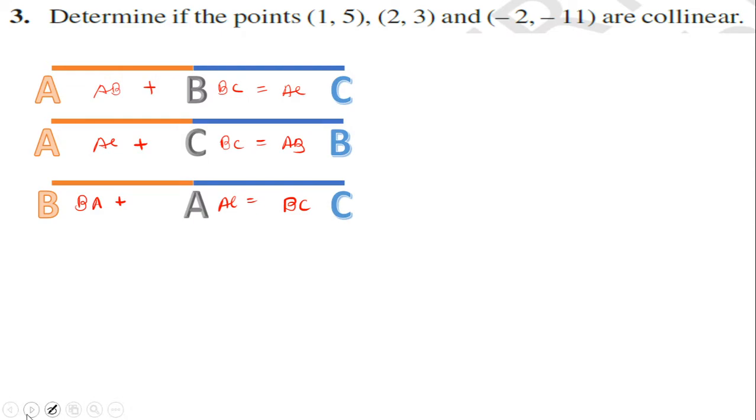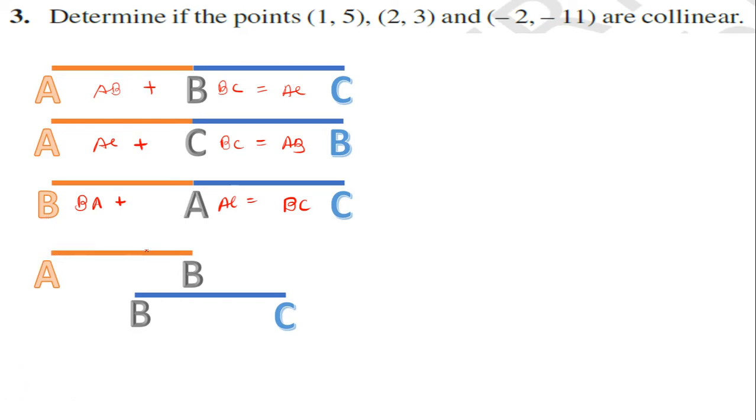But if the points are like this, for example, this is the line segment AB and this is the line segment BC. If you add AB plus BC, it will not give you AC.